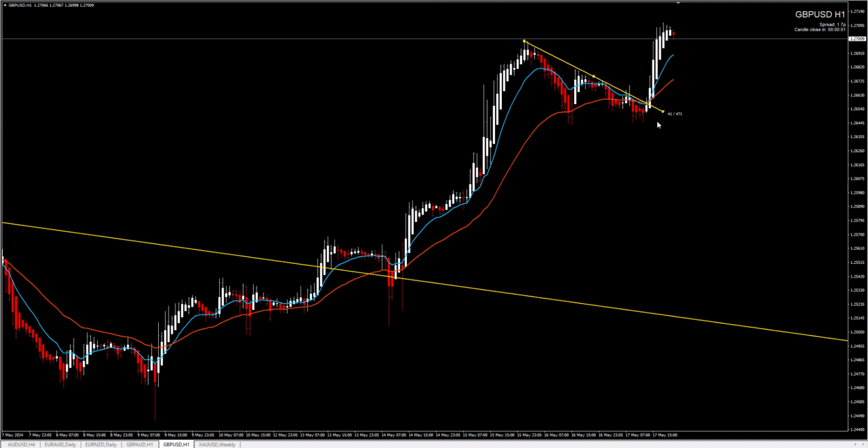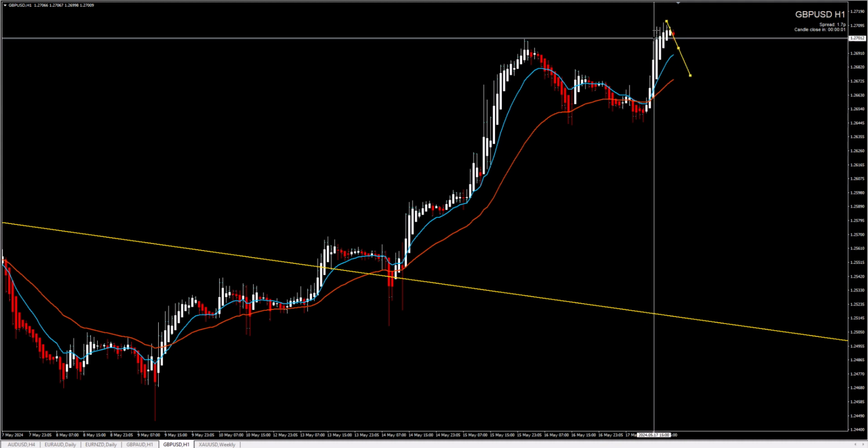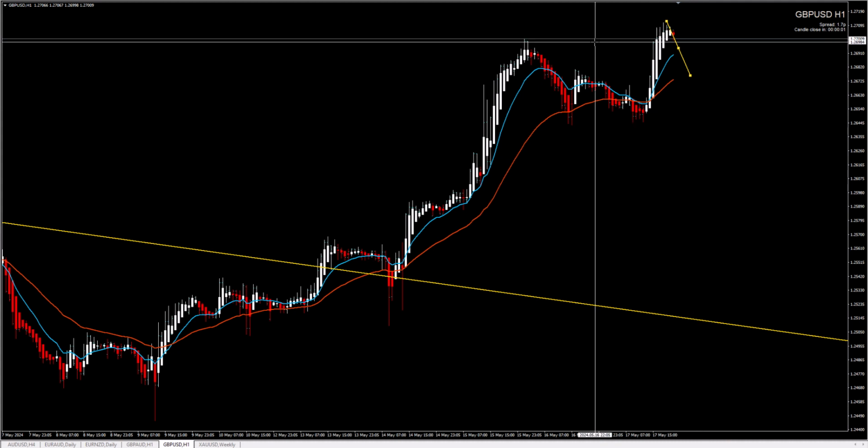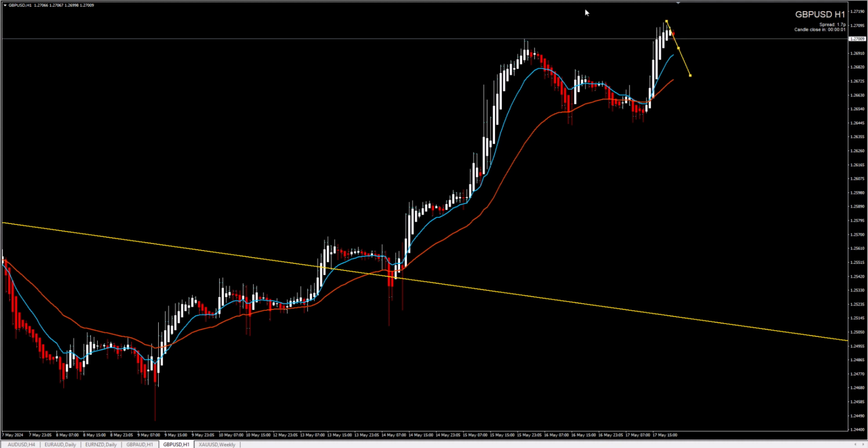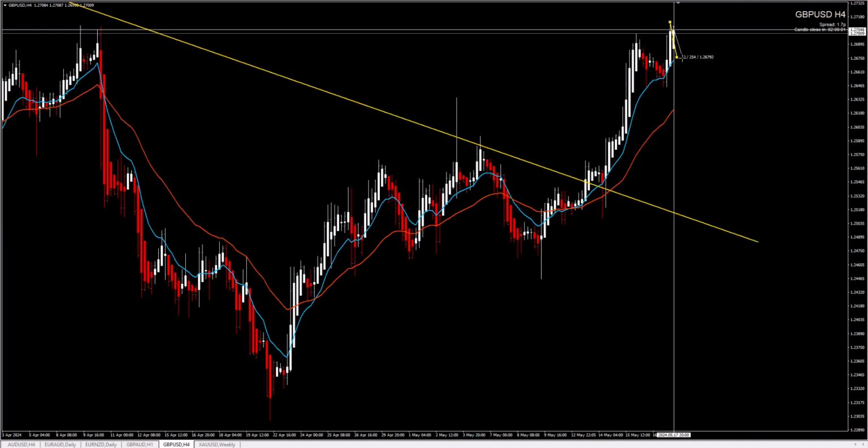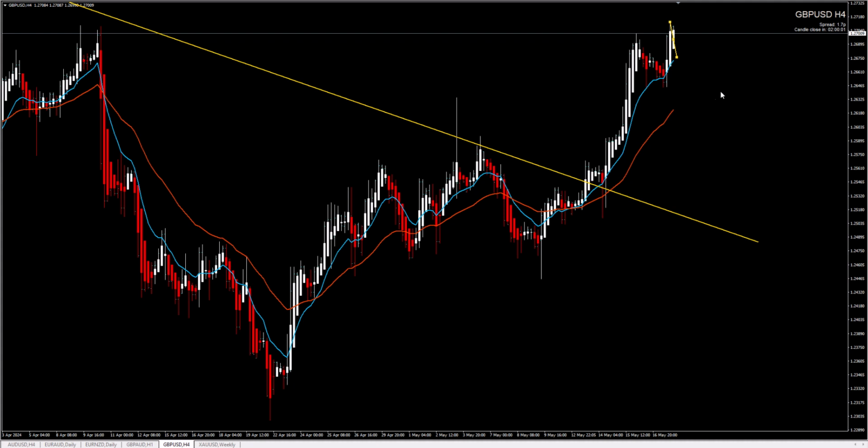Now what we can do, we can still look for long scenarios, of course it will be late, but 1-hour chart and again 5-minute. The one problem here is that price stopped on the previous stop, so it seems to be like a double top, and then price maybe retraced to the 36, but we will see.